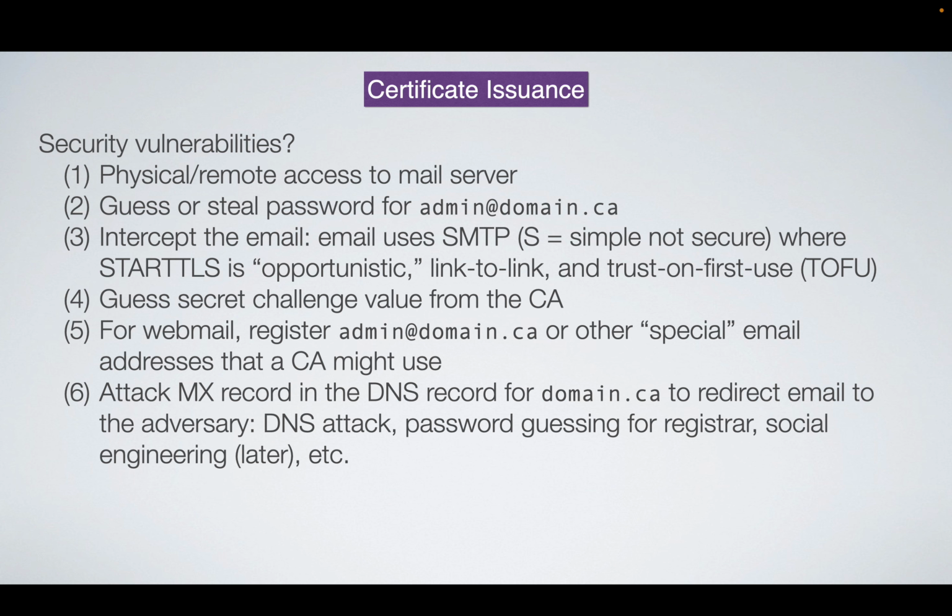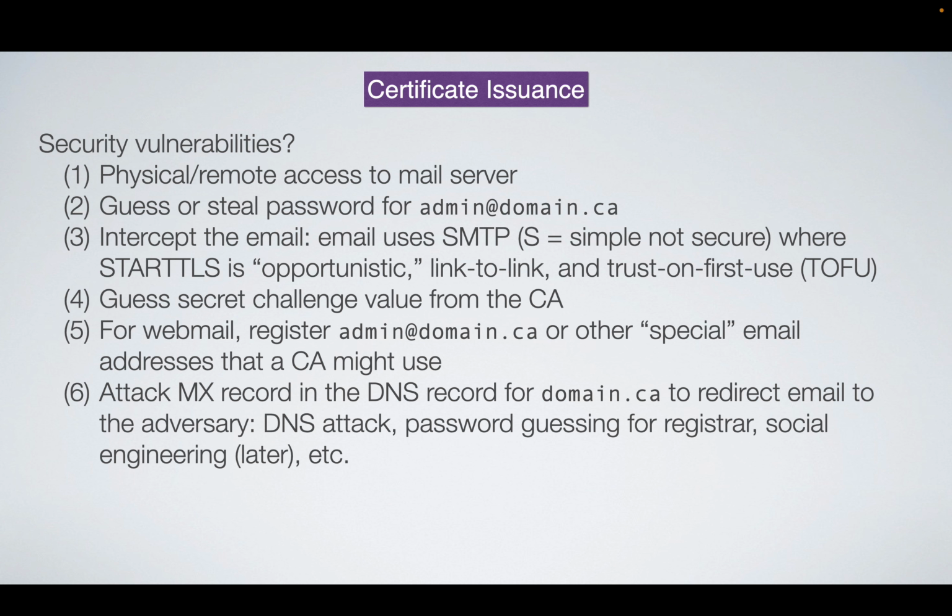Okay? So again, how does the adversary change the MX record for Concordia.ca? Well, if they can get that username and password, in this case for the domain registrar, or they can use social engineering or something like that to convince the domain registrar that they're Concordia.ca, then they can change that MX record. They change the MX record, the email comes to them, then they get a certificate. Okay? So all this certificate stuff also relies on the security of DNS.